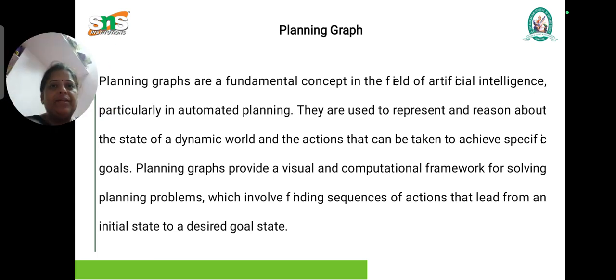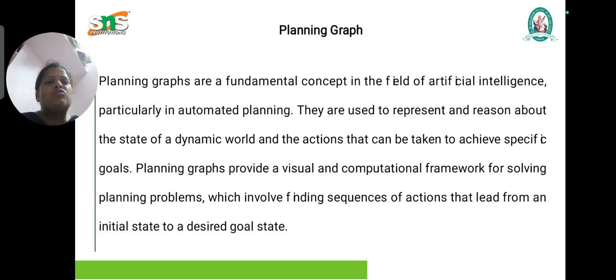The first one, planning graph. Planning graphs are a fundamental concept in the field of artificial intelligence, particularly in automated planning. They are used to represent and reason about the state of a dynamic world and the actions that can be taken to achieve specific goals.